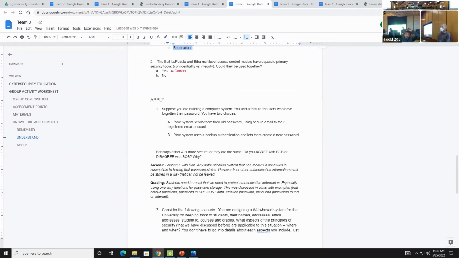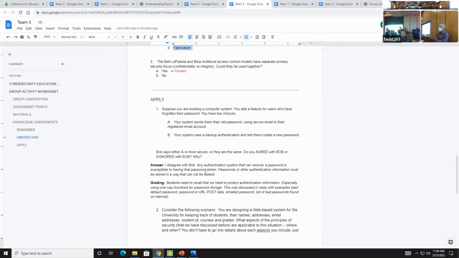So here, what are they applying, Jim? So here they're taking their knowledge of common ways of storing authentication information, which was one of the things above. What's a good way of managing it? And they're trying to take that knowledge and apply it to a new system, a design I'm doing.